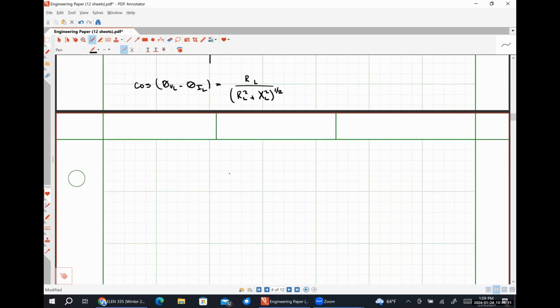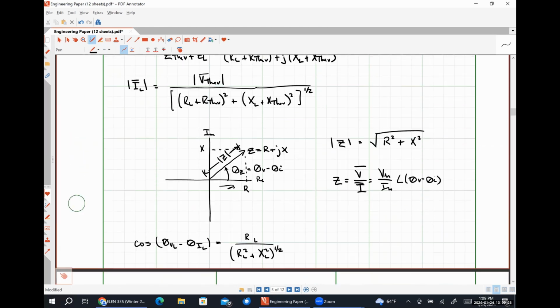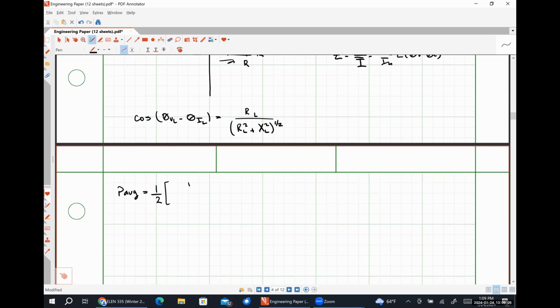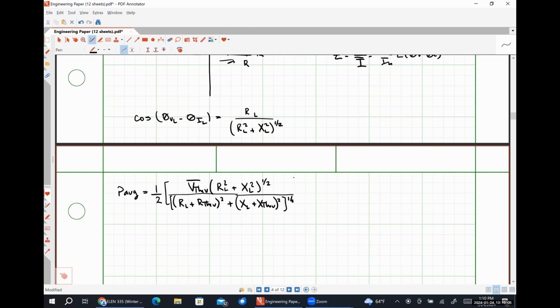And so what we should see is that our average power is 1/2 times, so VL, or the magnitude of VL, let me scroll up here, so that's V thev magnitude times RL squared plus XL squared to the 1/2 power divided by RL plus R thev squared plus XL plus X thev squared to the 1/2 power.